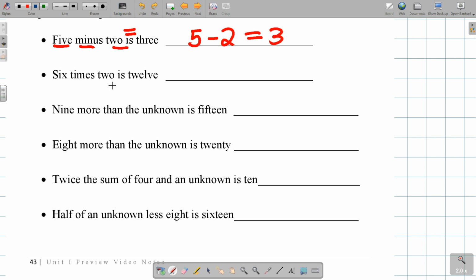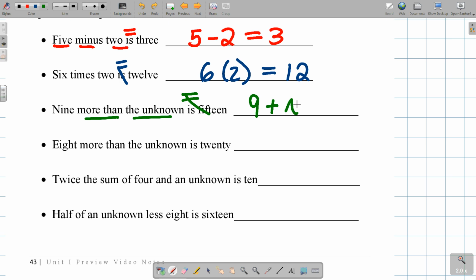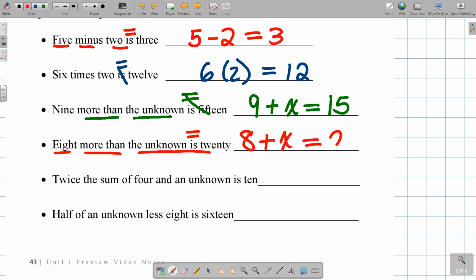Twice the sum of 4 and an unknown is 10. Be very careful because of that word sum there, we have ourselves a set of parentheses. Last one, half of an unknown less 8 is 16.